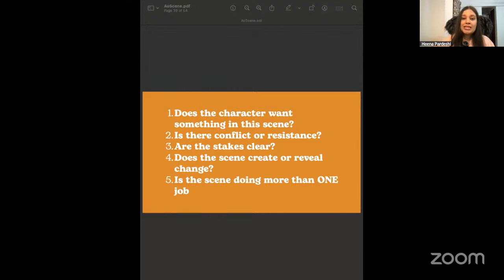So a strong scene might move the plot, reveal characters, shift the relationship, expand the world, plant a clue, build tension, foreshadow something, expose a secret, explore a theme, or any kind of change is okay, but it needs to perform on multiple levels, not just a single level.